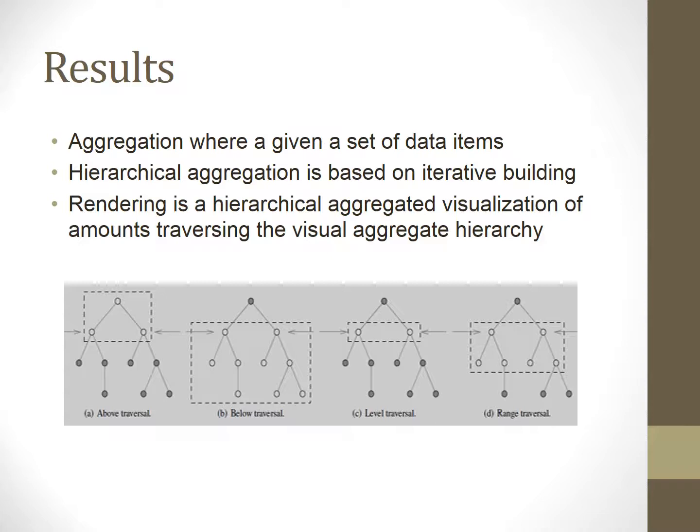We have above traversal, so it selects the higher nodes, and the lower nodes it doesn't look at. Now the below traversal will be the lower aggregation of the nodes. Also there is level traversal that is used for nodes that are at one level, and also range traversal for nodes that are between some parameters that can be specified within the calculations or the algorithms, or the methods that we use for data mining.